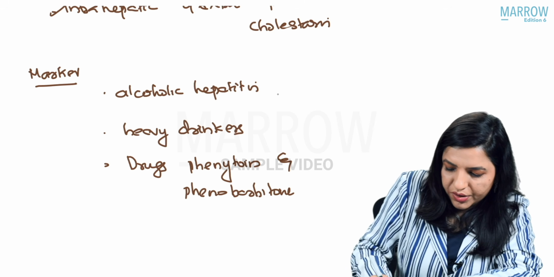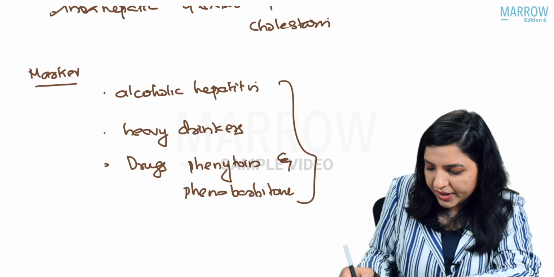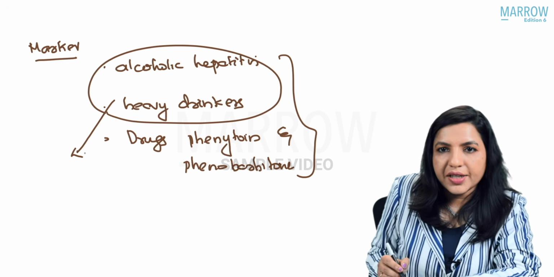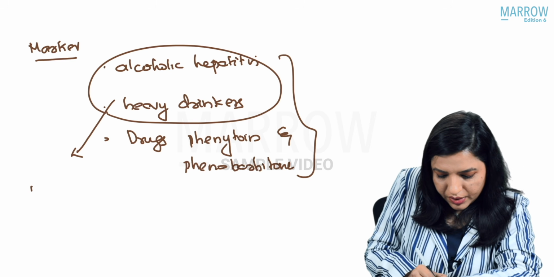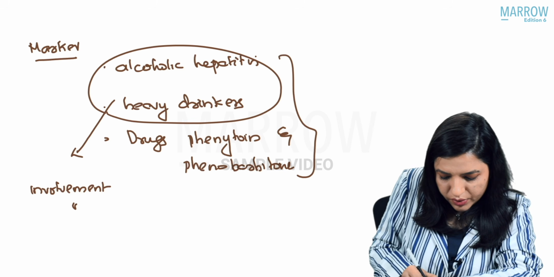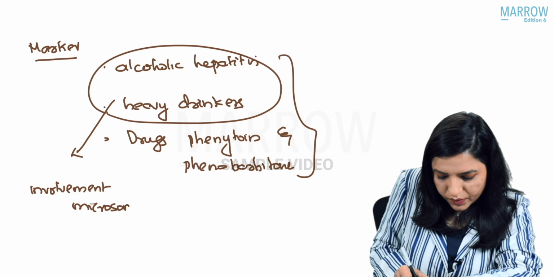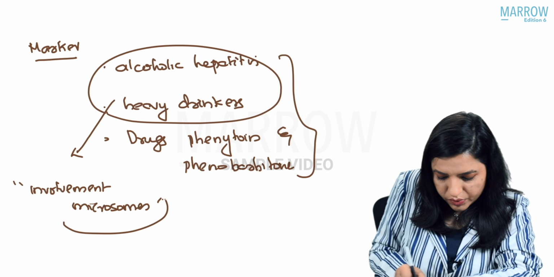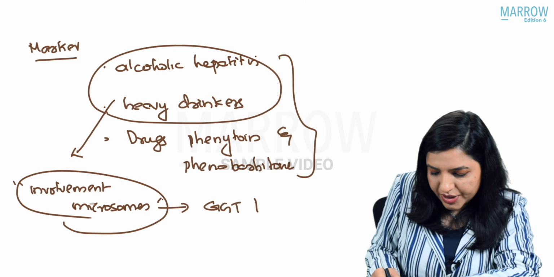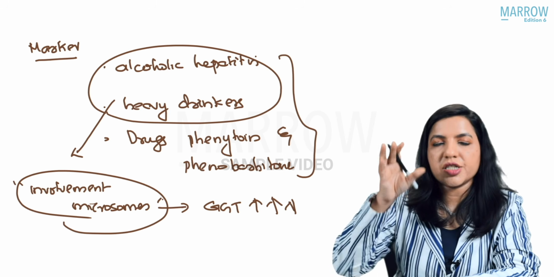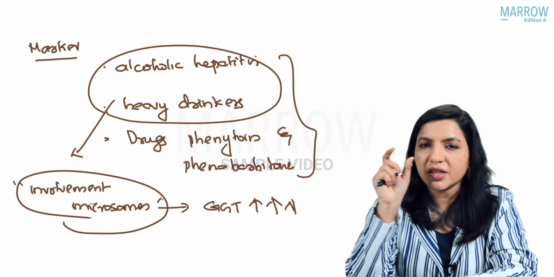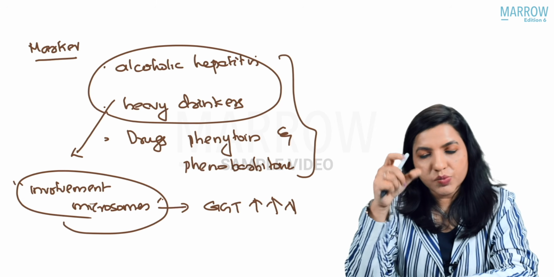In all these disorders, especially alcoholic hepatitis and heavy drinkers, there is involvement of microsomes. As microsomes are involved, the gamma glutamyl transpeptidase level increases, especially in alcoholism, that is, heavy drinkers and alcoholic hepatitis, etc. Gamma glutamyl transpeptidase is more useful there.